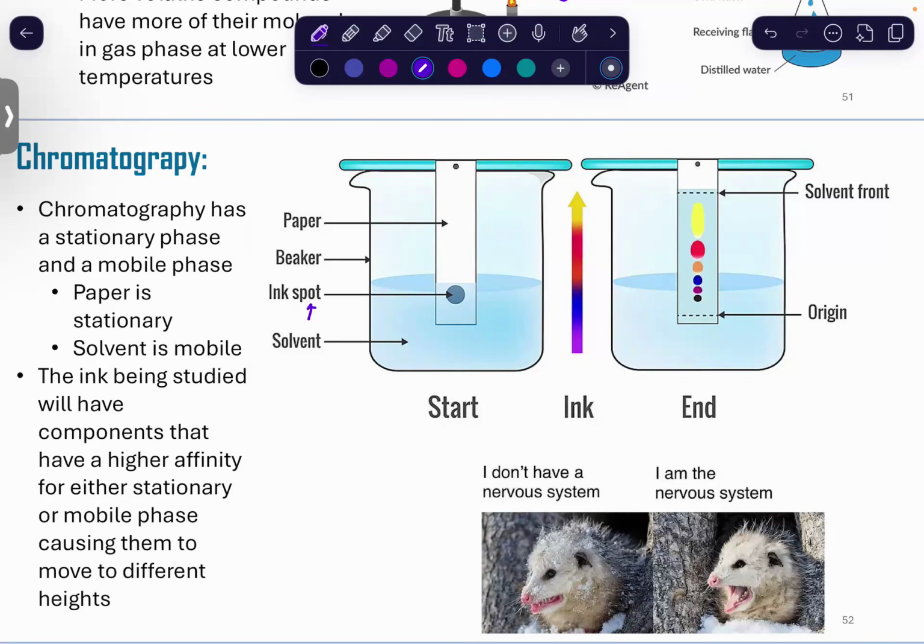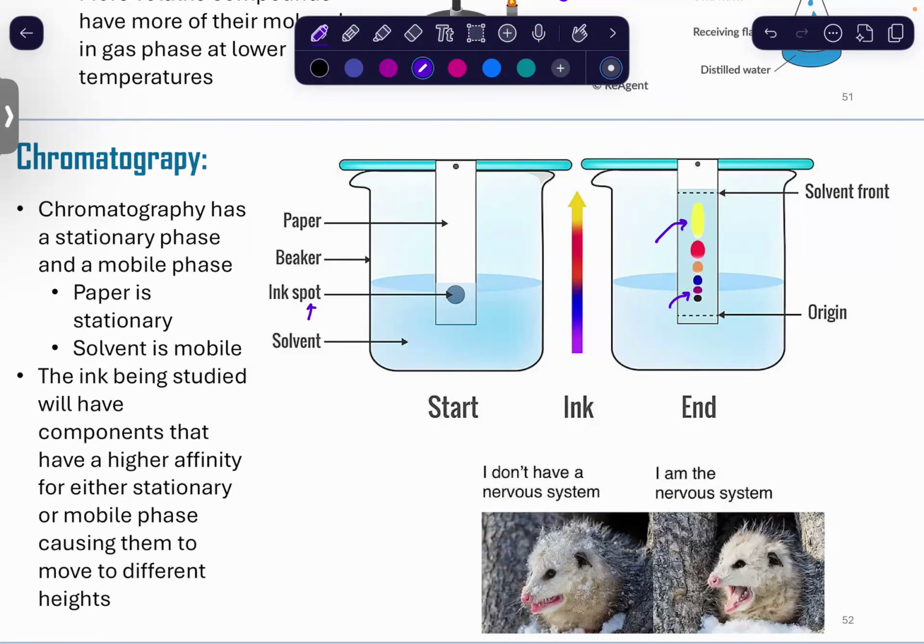And those different compounds are going to have a higher or lower affinity to one of the phases. When they have a high affinity for the stationary phase, they're not going to rise very high on the paper. When they have a high affinity for the mobile phase, so they mix real well with the solvent, the compound is going to rise much higher.